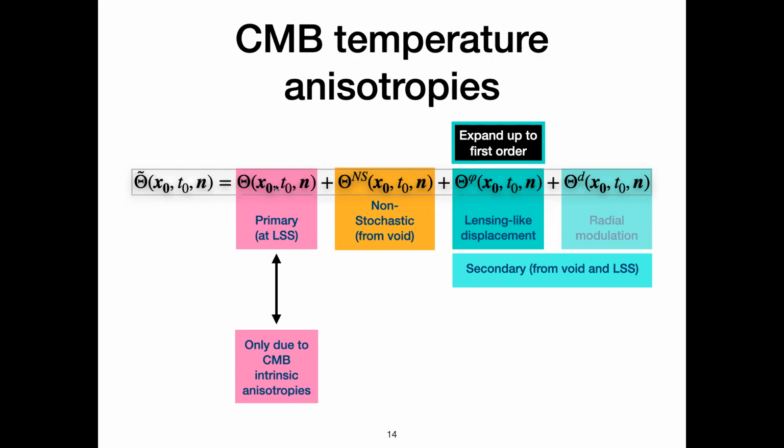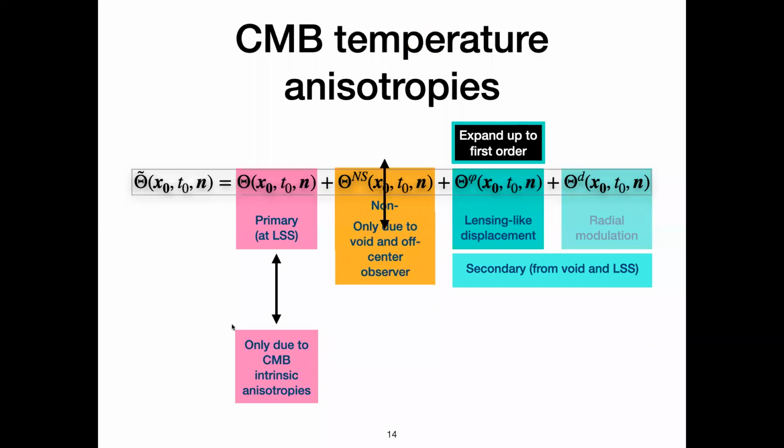Intrinsic anisotropies means that it is due to some early universe process in the recombination era, and the cause of these anisotropies lies in the inflationary phase of the universe. We don't talk about that much, but we just need to know that there is a certain contribution which exists in the CMB intrinsically.